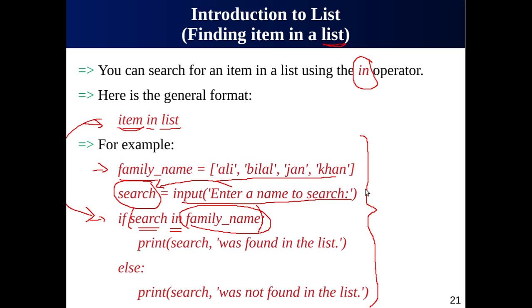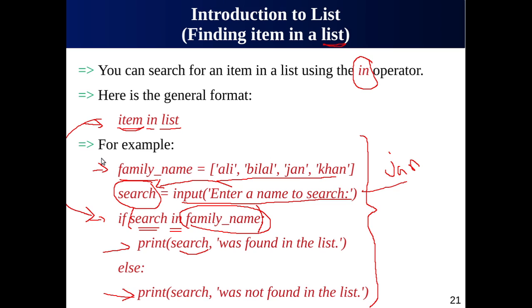For example, the user has provided John here, so we want to search for John in the list. If John is in the list, then it will print the message that John was found in the list. If John is not present in the list, then it will display the message that John was not found in the list.